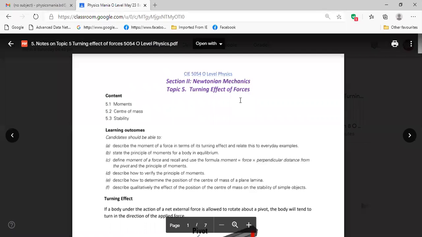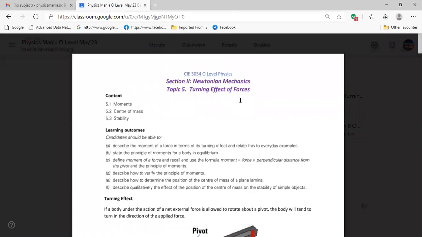I had some basic knowledge of those, but this one is completely new to me. So moment is a vector quantity, right? Yes, and we calculate it as force multiplied by the perpendicular distance from the pivot.